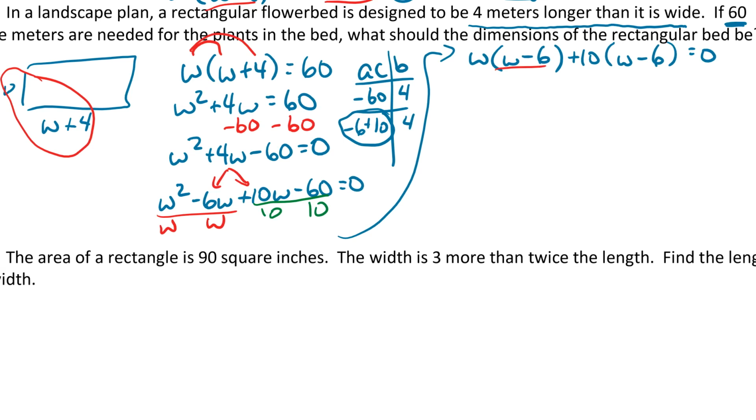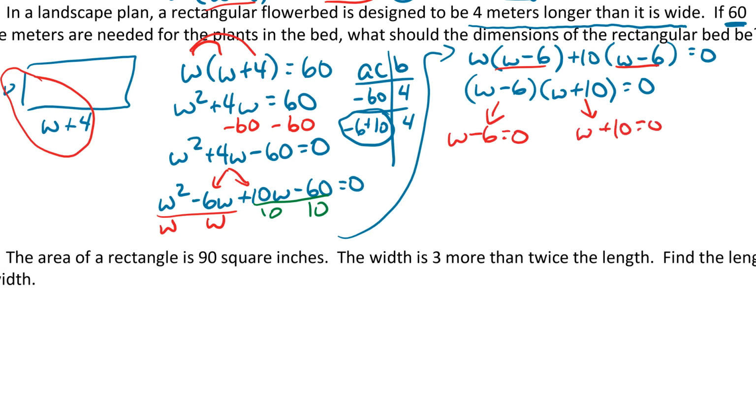Insides match, so we go ahead and take W minus 6 times W plus 10 equals 0, and set both of those equal to 0. So W minus 6 equals 0, W plus 10 equals 0, which means W equals 6, and W equals negative 10. The negative we can throw out.